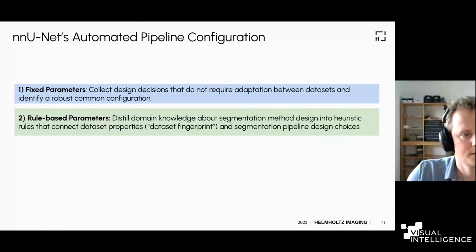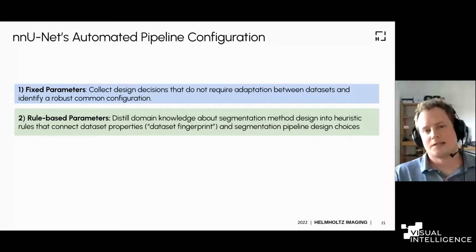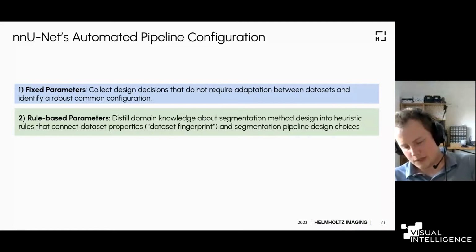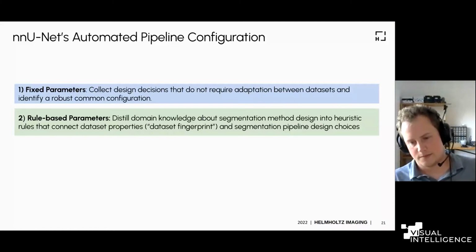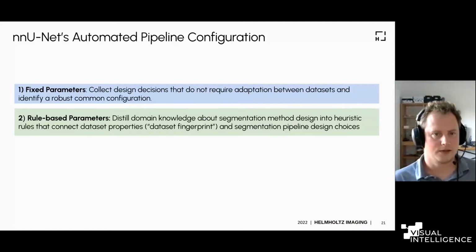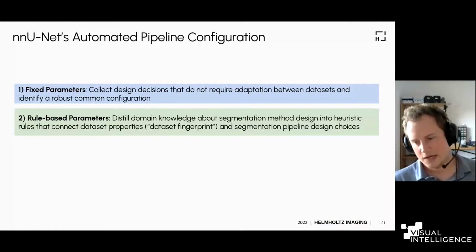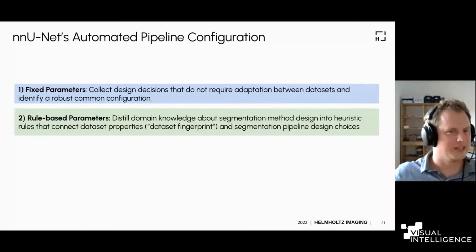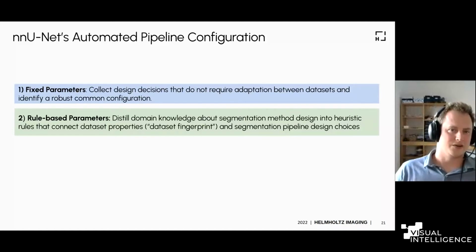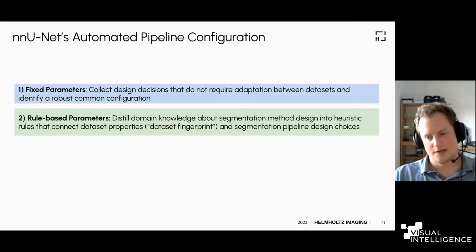So the next parameters are what we call the rule-based parameters, and this is essentially where this condensing of domain knowledge to shortcut empirical optimization is at home. So essentially, from all these different segmentation problems that we have solved over the years, we have accumulated a lot of knowledge in our heads, or you could call it domain knowledge, on how to design a method for a specific data set.